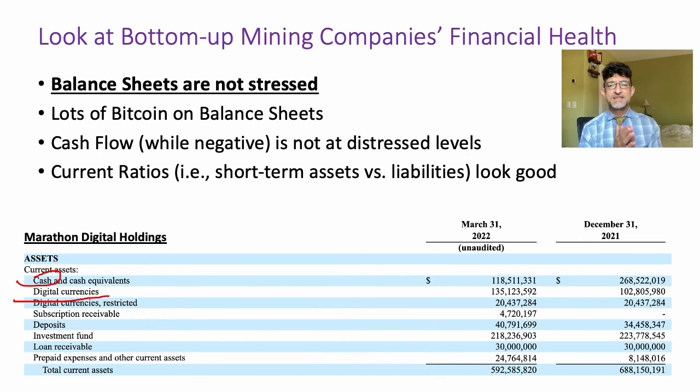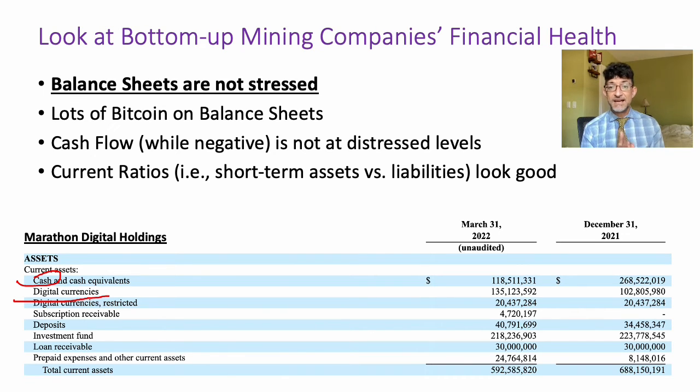And digital currencies, Ethereum, but it's mostly Bitcoin. So that's what they mean by digital currencies. And then they also have digital currencies that are restricted. And I don't look at that because those are restricted because maybe they have it against a loan or something like that. I also looked at cash flows.